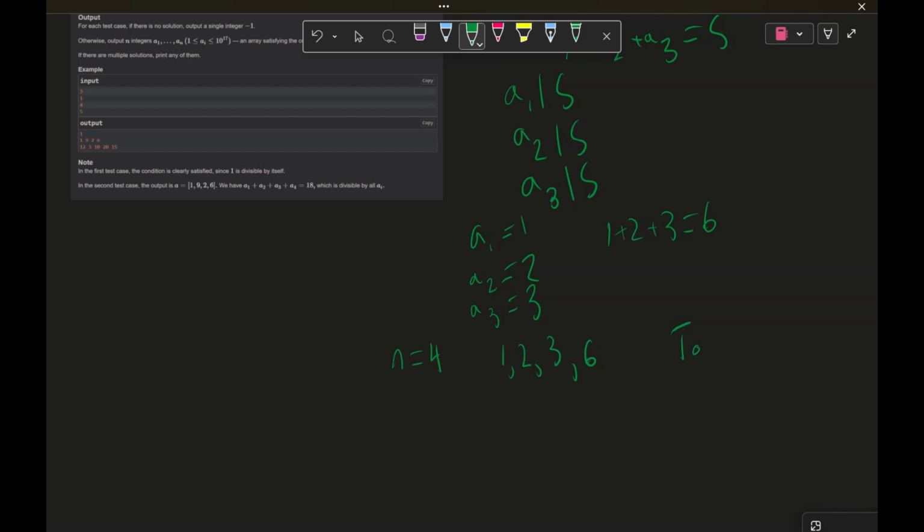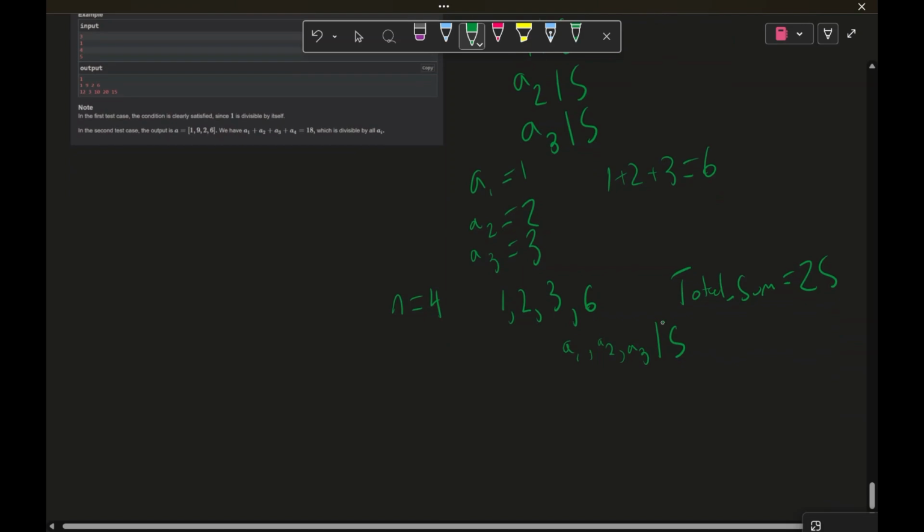Now our total sum is equal to 2S, and because A1, A2, A3 all divide S, we know they must all divide 2S. This is because of the divisibility of integer combinations. And then once we know this, we can just keep appending the total sum to the end of our array.